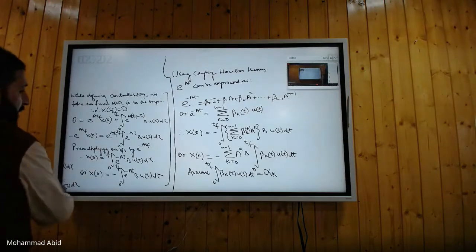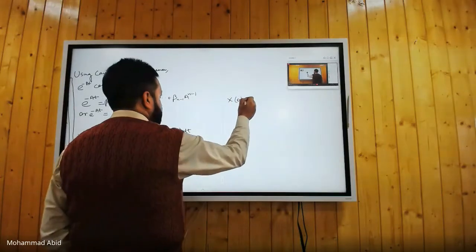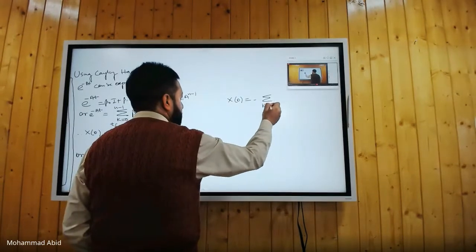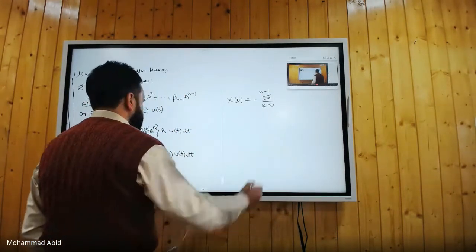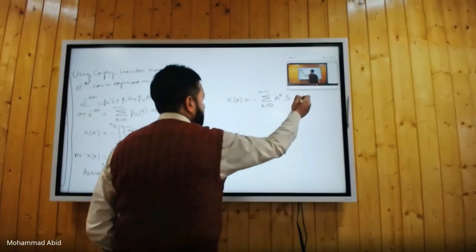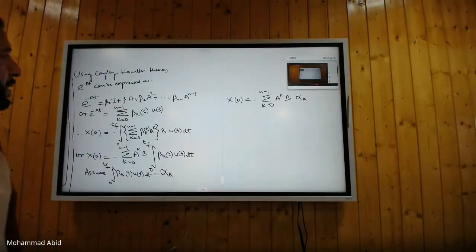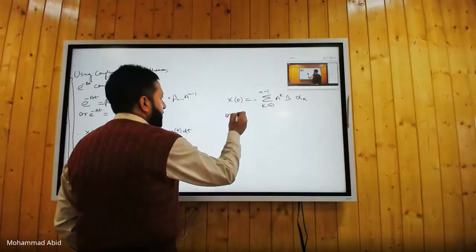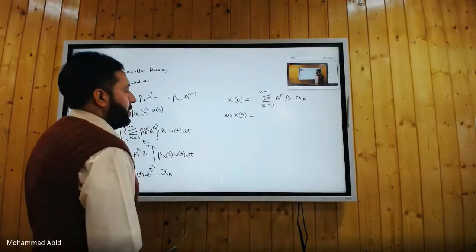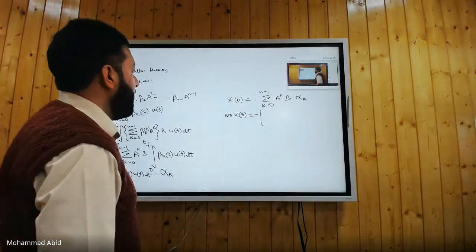So what do I get? x naught is equal to minus summation of k equal to 0 to n minus 1, A to the power k B alpha k. I keep the minus outside and expand this summation.